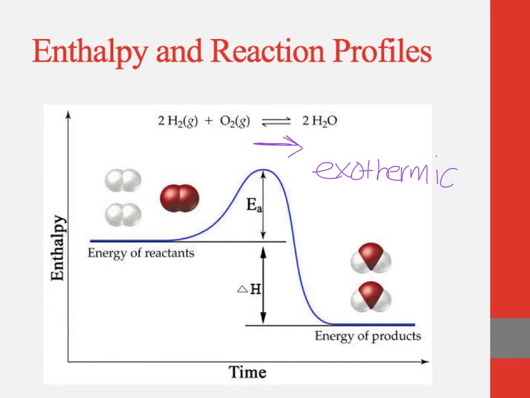Therefore, it's going to have a negative delta H because the products are lower than the reactants, and it's always the final state minus the initial state. And notice the activation energy. The activation energy is almost half of what it was in the previous slide, which means that it's going to take a lot less energy to get this reaction going than the previous one.